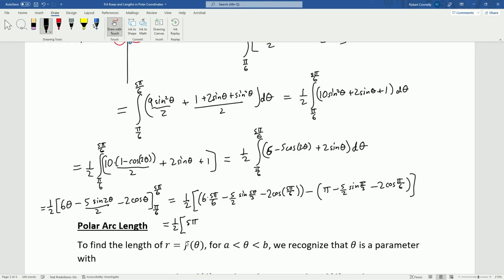So 6 times 5 pi over 6 is 5 pi minus 5 halves times, so again, that's negative root 3 over 2, minus 2 times cosine of 5 pi over 6, which will be negative root 3 over 2.